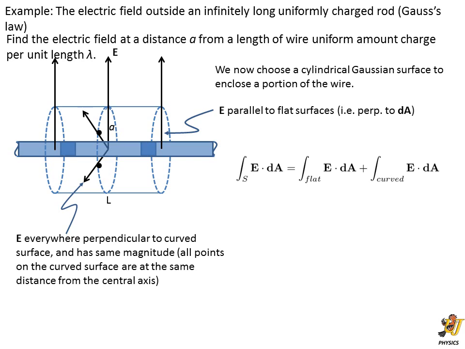The total electric flux through this surface is now given by the electric flux through the flat surfaces plus the electric flux through the curved surfaces.